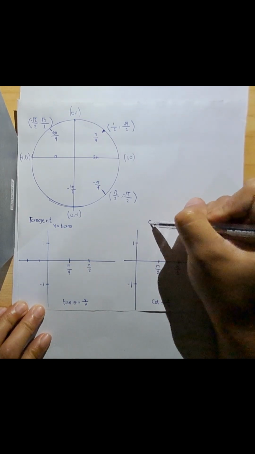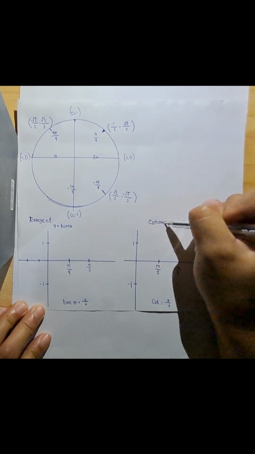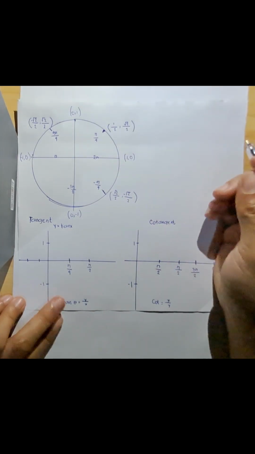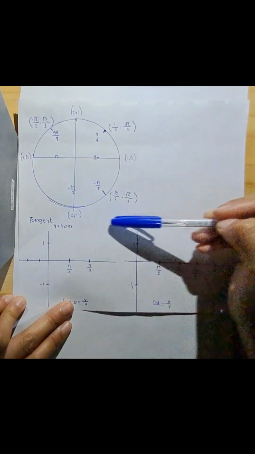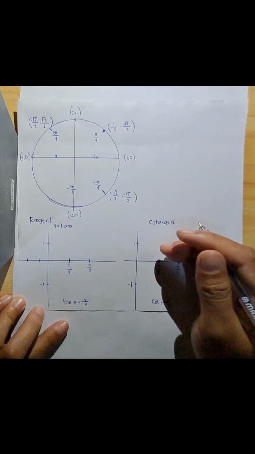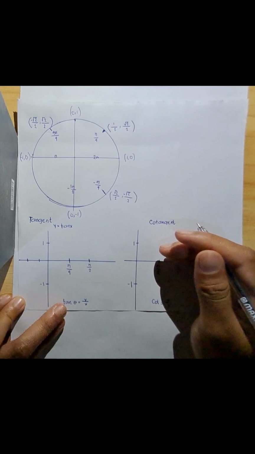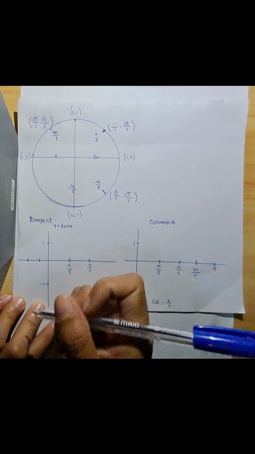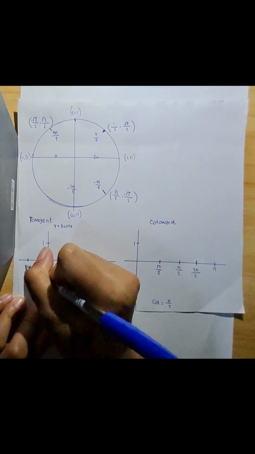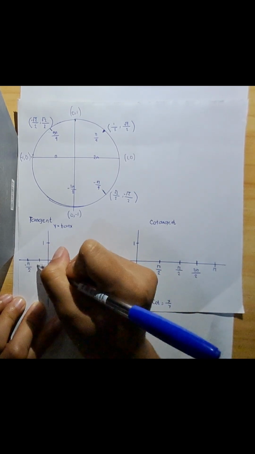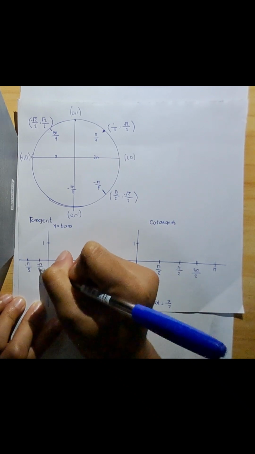Let's start by graphing, with the undefined values. Let me put negative pi over 2, and negative pi over 4.